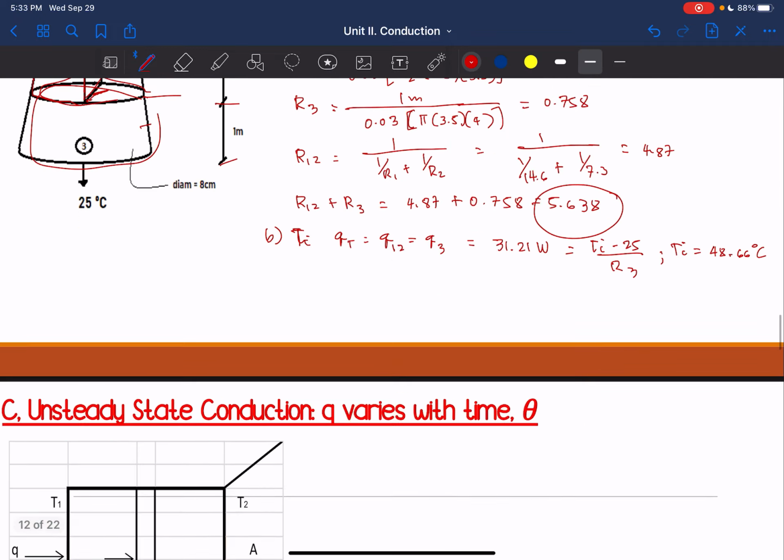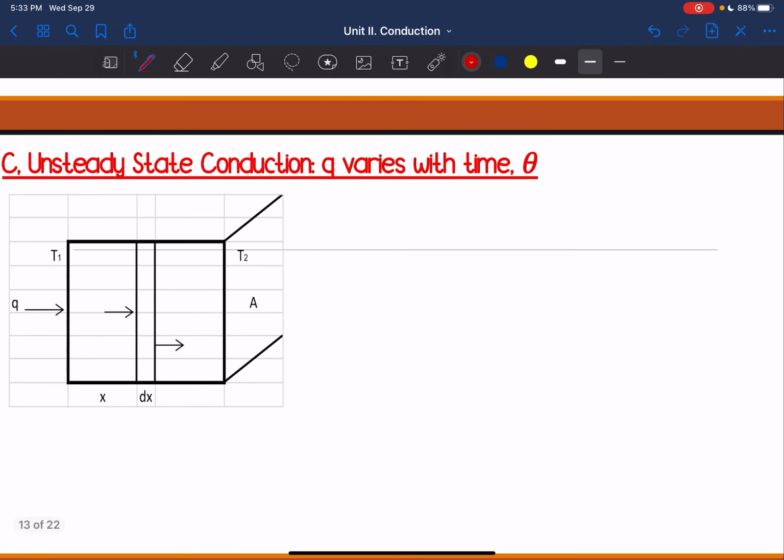Okay? Now, we proceed with unsteady state conduction. So here, there's a variation in the Q because Q would vary with time. So there you have here the rate of heat flow at X. Ito would be yung input, ito yung first na input.